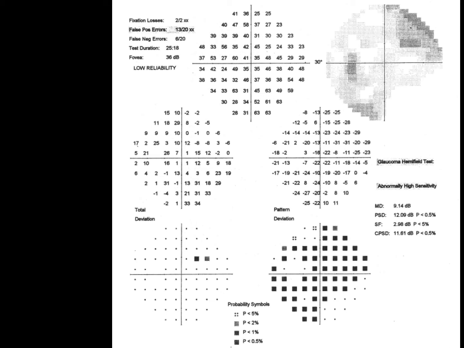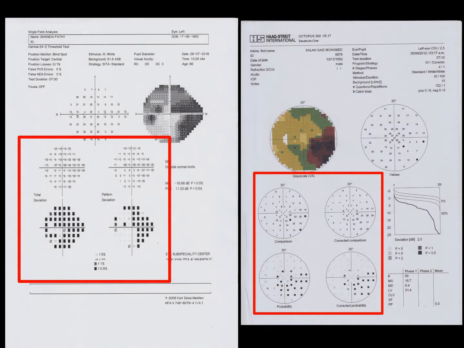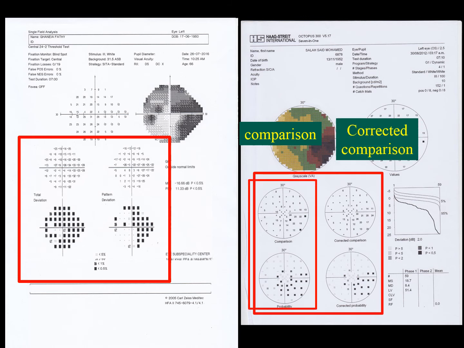Then the comparison is done again. In the case of Octopus, it's called comparison and corrected comparison.